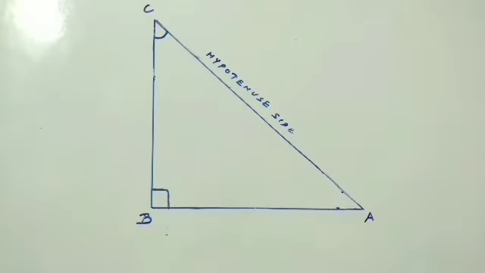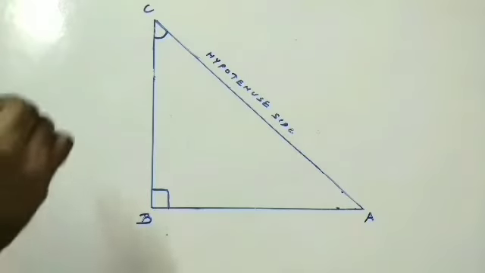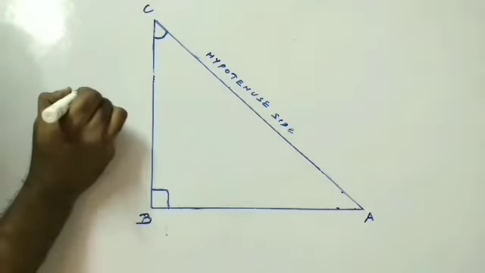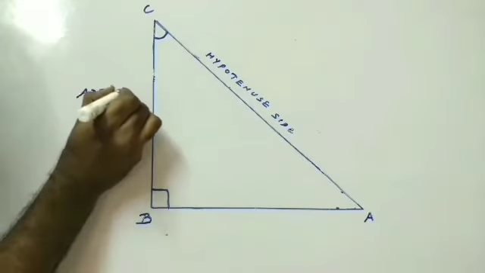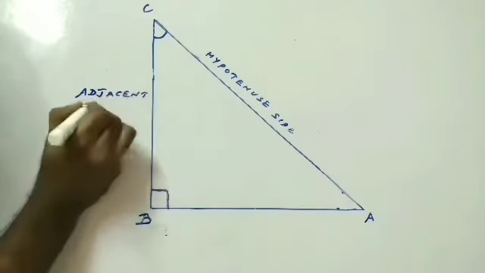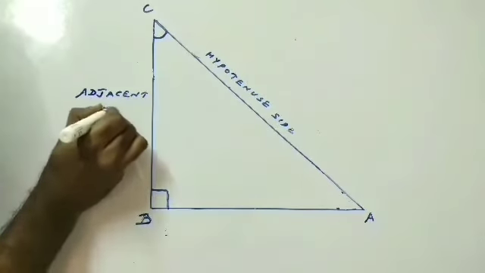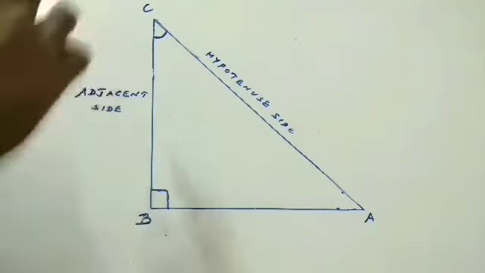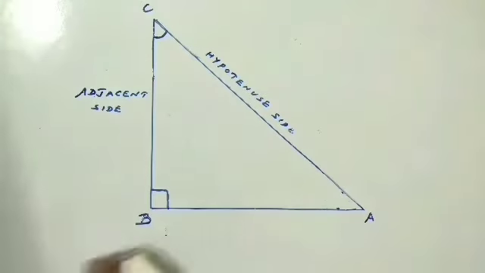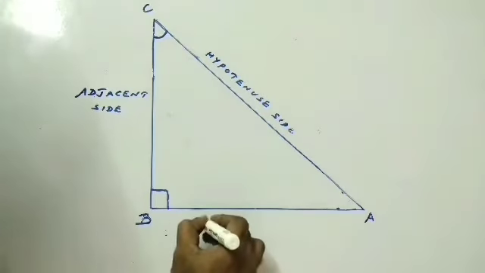So here BC is the adjacent side. Now AB is the vertical portion for BC. So this is the opposite side.